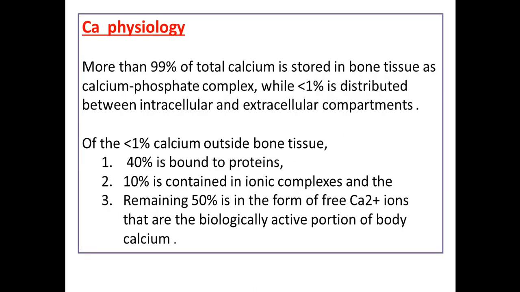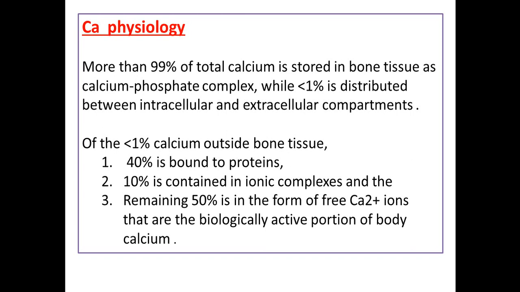Regarding physiology, more than 99% of total calcium is stored in body tissue as a calcium phosphate complex. We call it hydroxyapatite, while less than 1% is distributed between the intracellular and extracellular compartments.